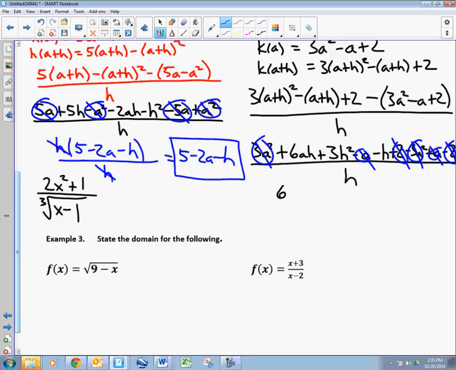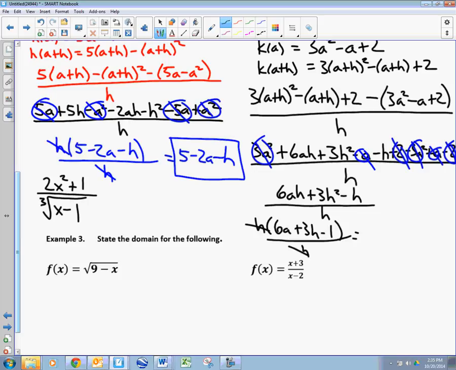Then we've got left 6ah plus 3h squared minus h all over h. Factor out an h. How do we get the 1? This one's plus, that one's minus.